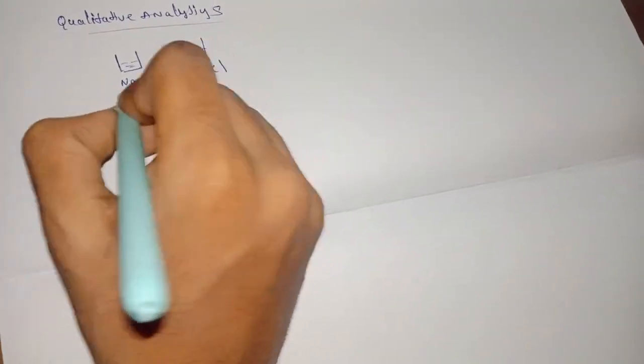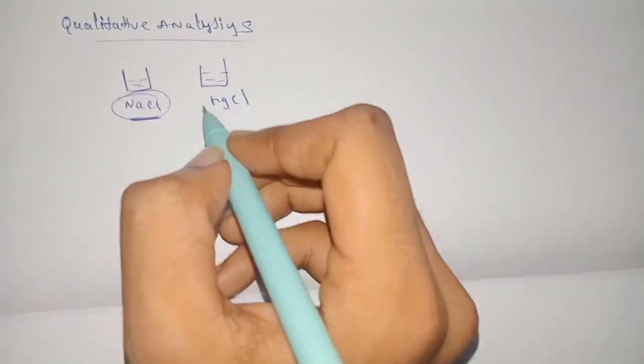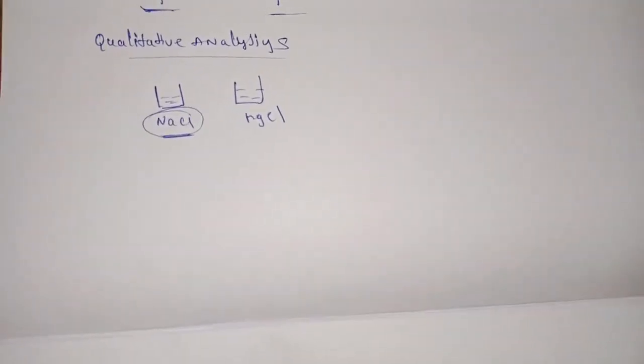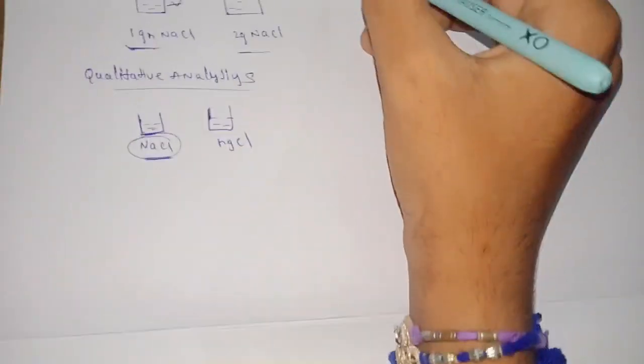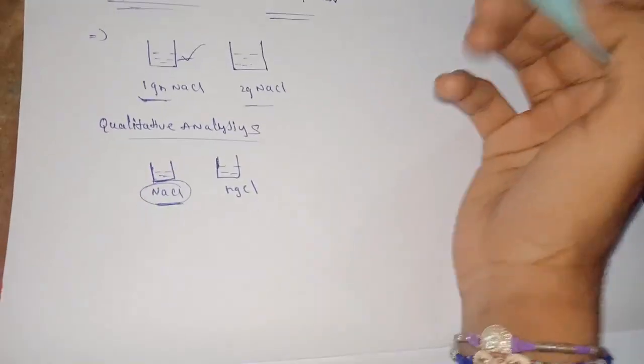So it is the quality of the solution. To know which solution is inside the beaker or container, whether two solutions are different or the same, we have to use qualitative analysis. But in this video we are going to learn about quantitative analysis only.